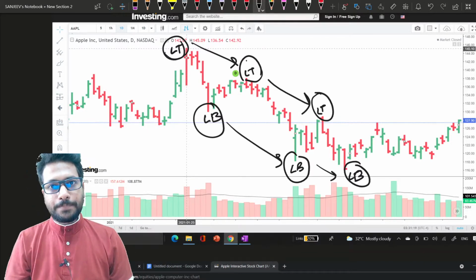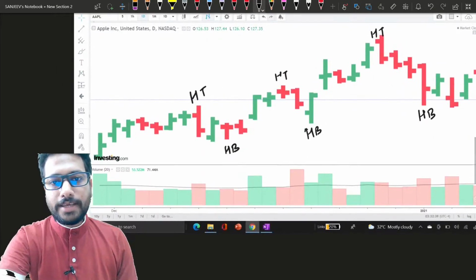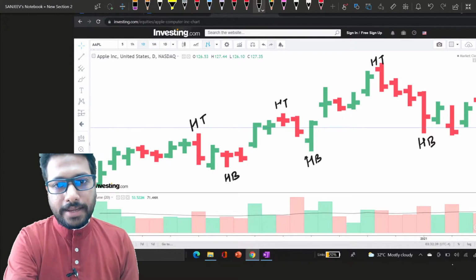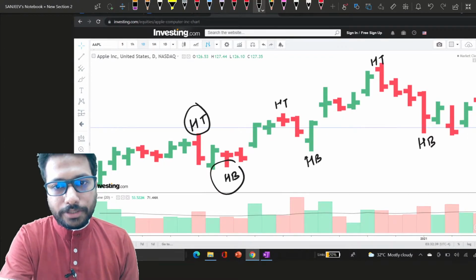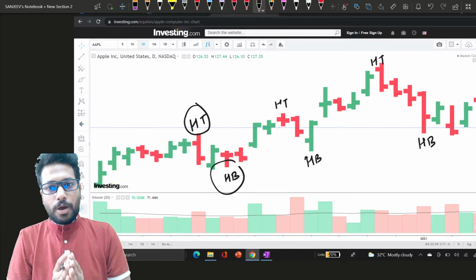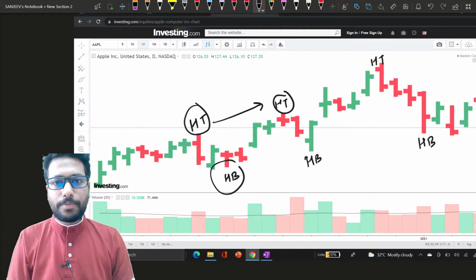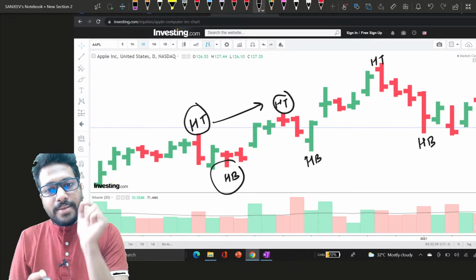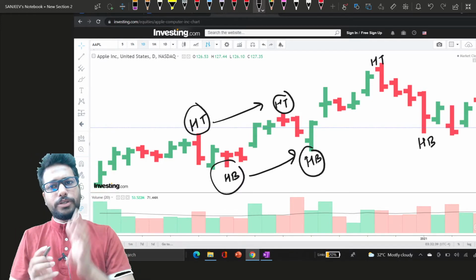downward trend. Similarly, if I talk about the upward trend, then you will say that there is a higher top and there is a higher bottom. The next higher top will be high as compared to the previous higher top, and again the next higher bottom will be higher than the previous higher bottom.